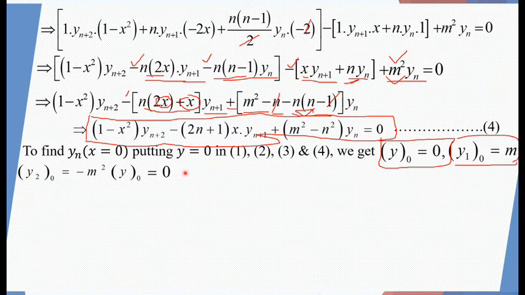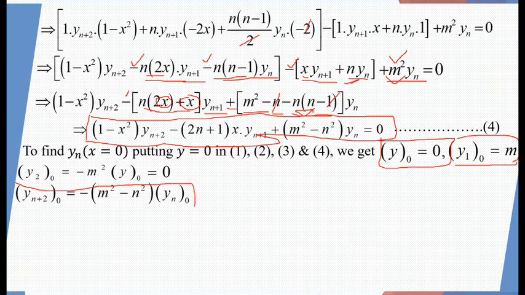Now putting in equation number 4, when we put x equals to 0, this entire function will be 0. Only y(n+2)(0) exists, and here minus plus m square minus n square yn(0). So taking it to the right hand side, this will be minus m square minus n square yn(0).